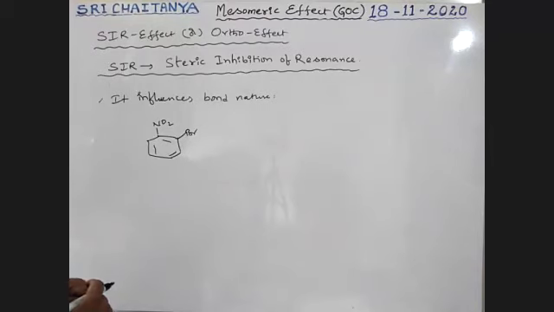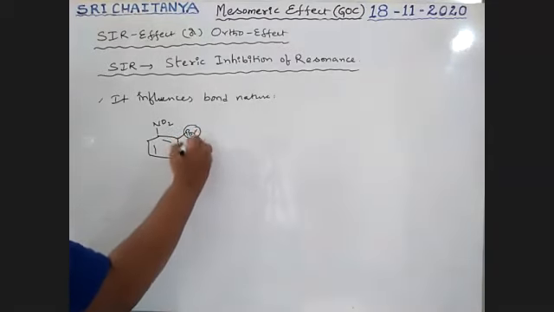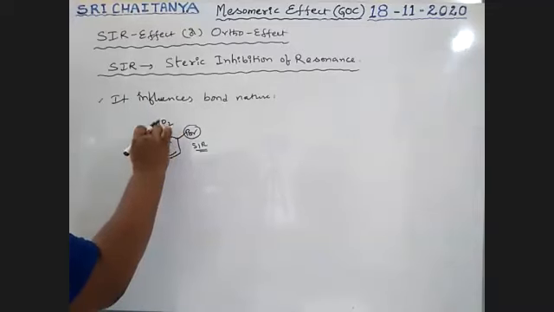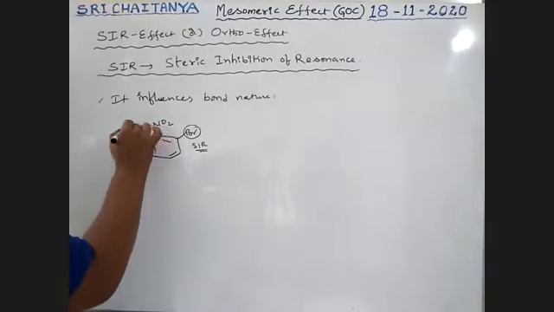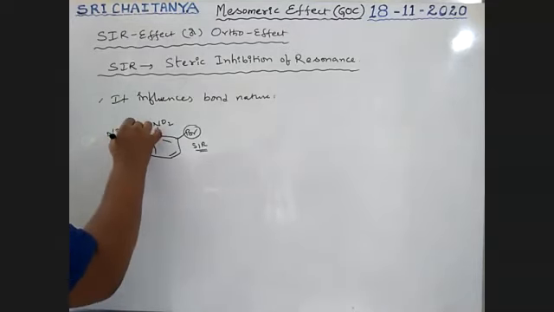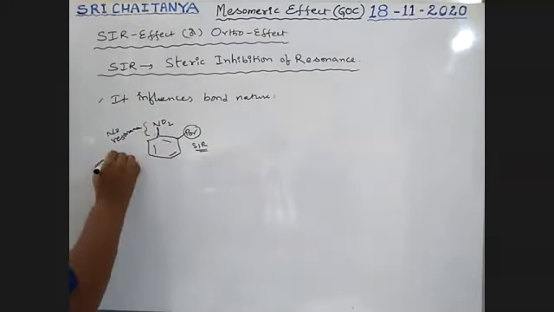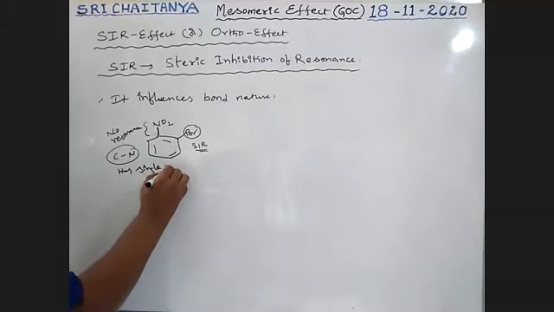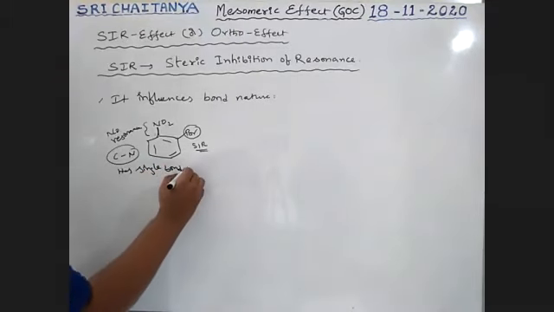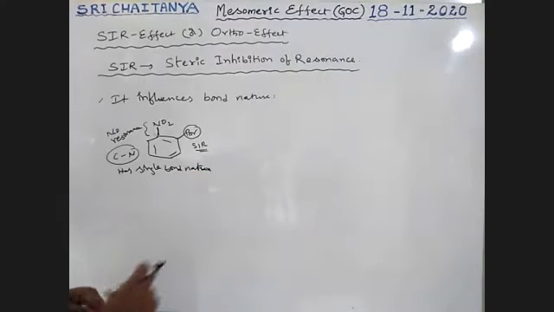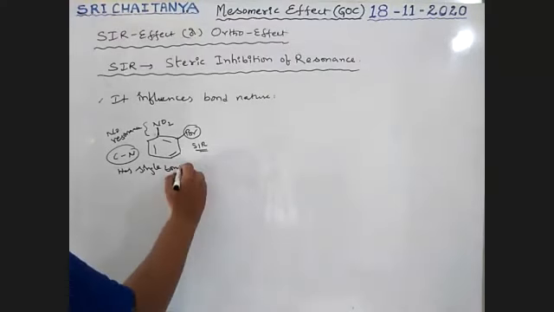Because of the SIR effect, there is no resonance. So the CN bond has single bond nature.